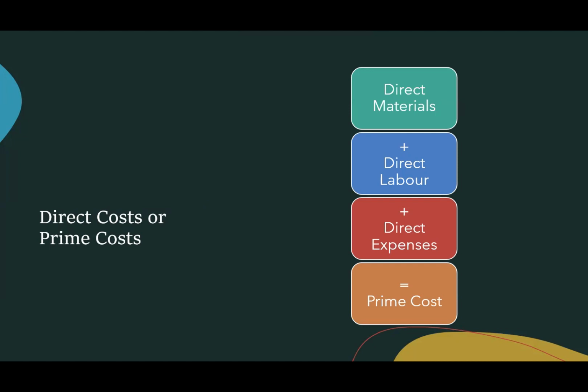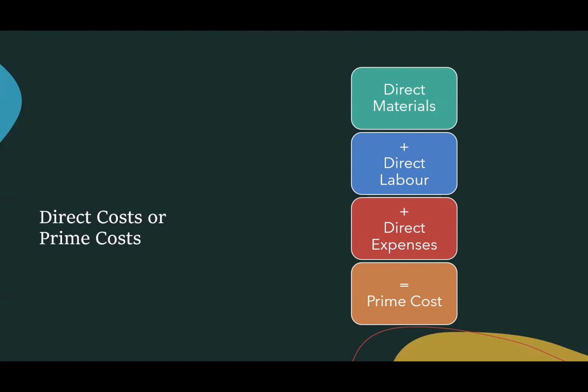Now, the flour, the sugar, the oil, whatever we talked about was actually an example of a direct material in the case of this bakery. Okay, because those are the ones which are directly involved in the production of the cake. Direct labor, the salary of the chef would be considered to be a direct labor cost, because without the chef or the baker, you are not able to make the cake.